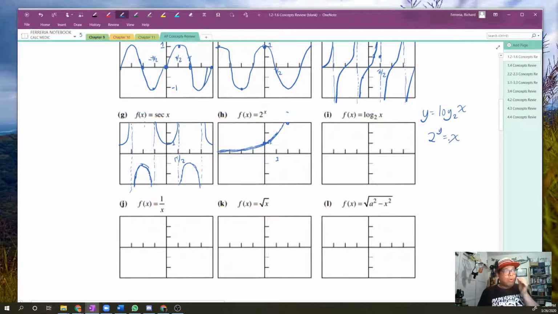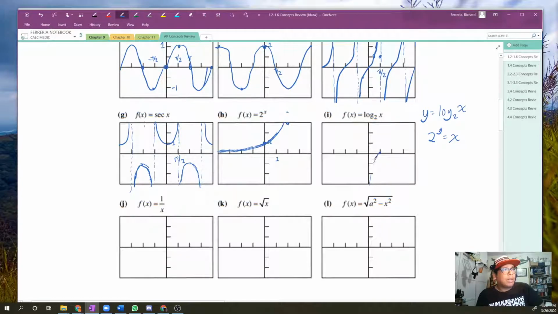So when x equals 0, there's no way that 2 to the y power would ever equal 0. But we know that as x approaches 0, y is going to go to negative infinity. Now, when x equals 1, 2 to the 0 power is 1. So when x equals 1, y is equal to 0.